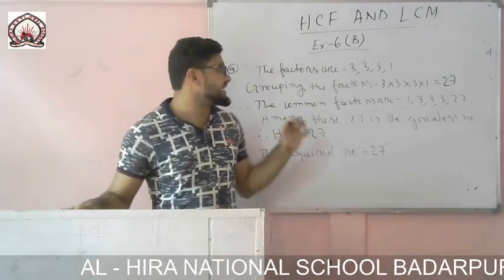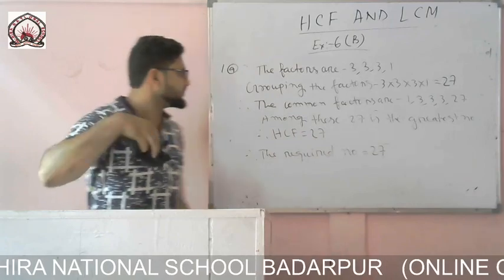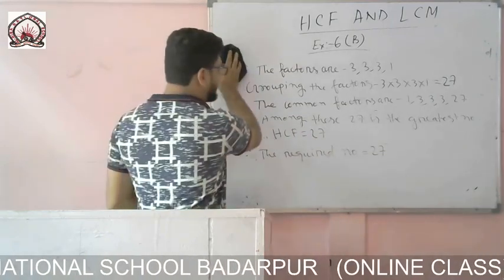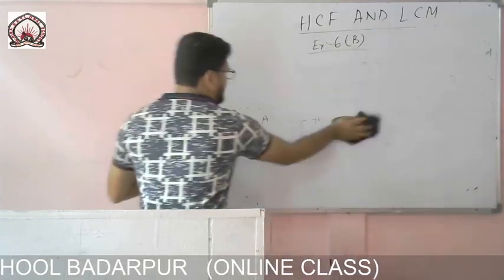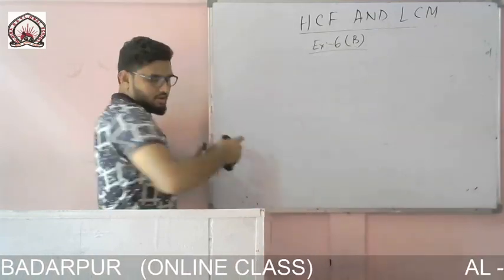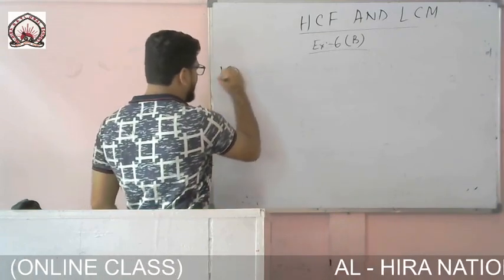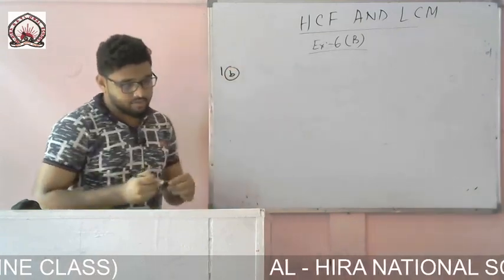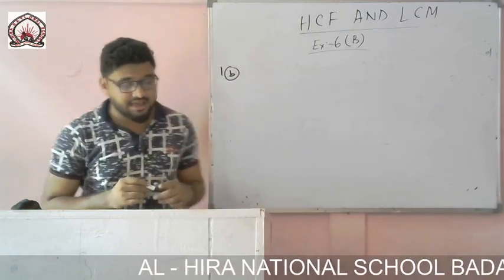Exactly like question number 1A, so you solve. So you see 1B: find the greatest number that will divide 33, 44 and 66 exactly.